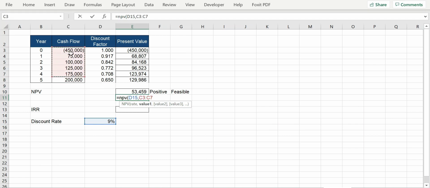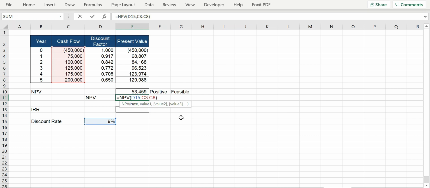That will give you 49,045, which is totally different from the usual calculation. Our normal calculation gives 53,459, whereas if you apply the formula, it is different.